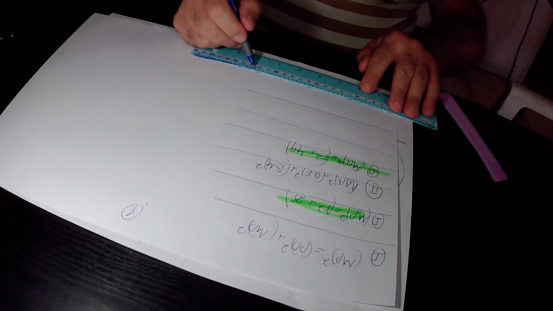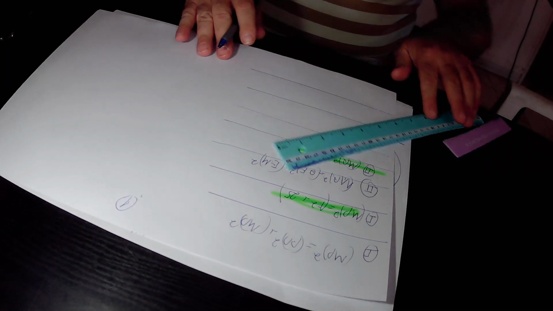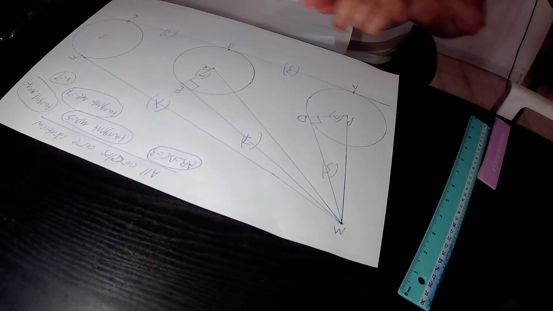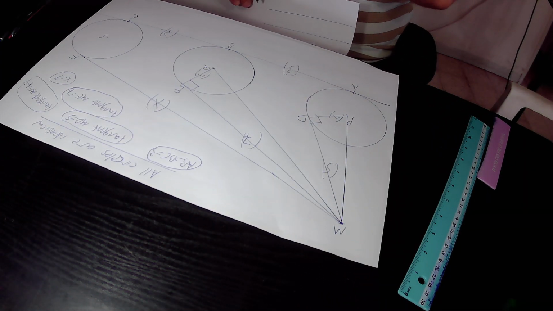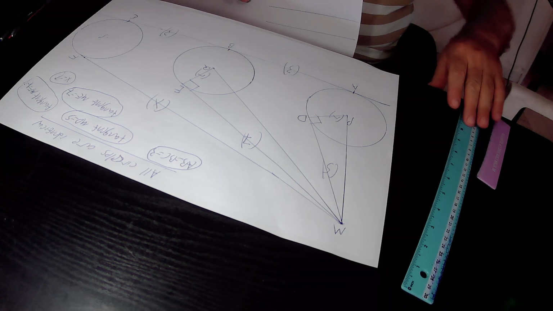We repeat the same process in this right circle. That is to say, we join points S and F together by a straight line.